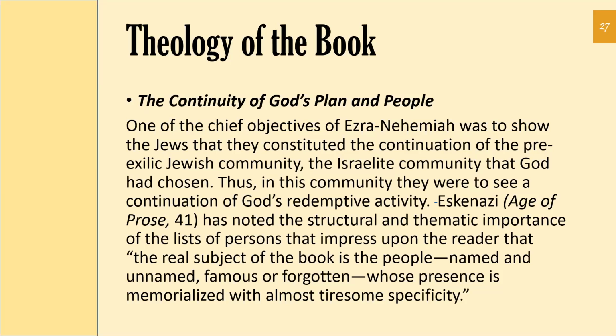Thus, in this community, they were to see a continuation of God's redemptive activity. Ashkenazi has noted the structural and thematic importance of the list of persons that impress upon the reader that the real subject of the book is the people, named and unnamed, famous or forgotten, whose presence is memorialized with almost tiresome specificity. So the idea of continuation.